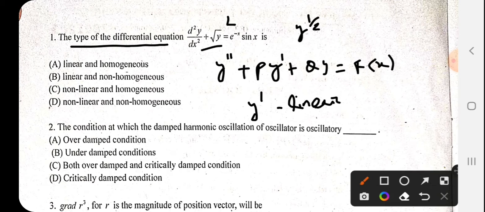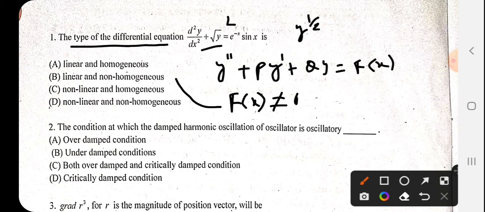Again, come to homogeneous or inhomogeneous. In the general differential equation, on the right side of the equal sign we have f of x. So the condition is that if the value of f of x is not equal to 0, then this kind of equation is called non-homogeneous.